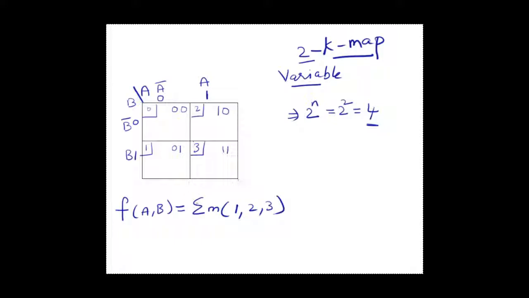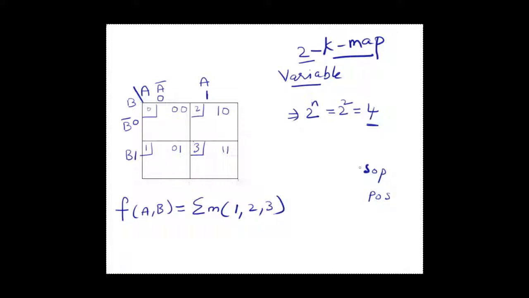Whenever you see the summation of m, we can do the SOP form. You can solve this using two methods. One is using SOP and the other is POS form. SOP is nothing but sum of products. POS is product of sums.